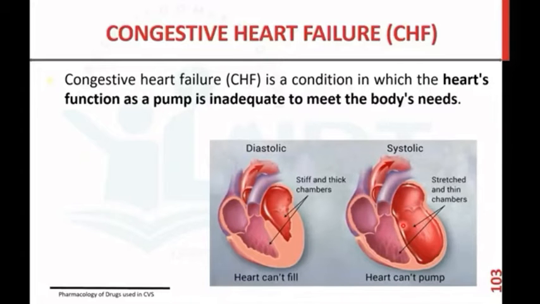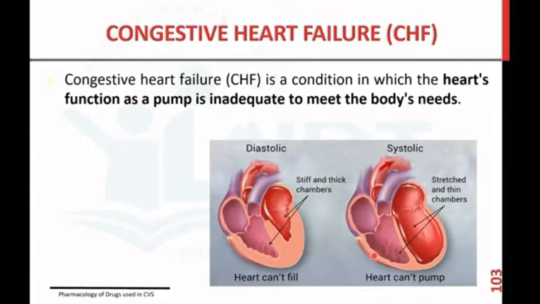The third one is ouabain, and the source of ouabain is Strophanthus gratus, seed. The fourth one is strophanthin K, and the source is Strophanthus kombe, seed. And the last one is bufotoxin, and the source is Bufo vulgaris, toad skin.